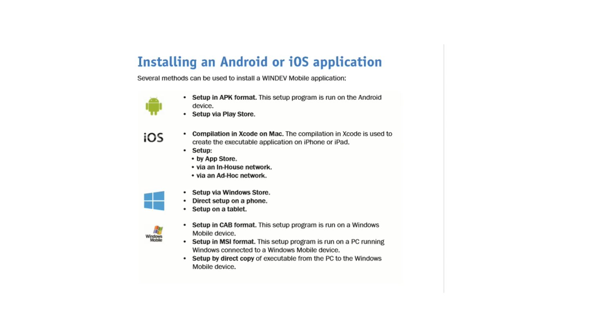Now second is iOS. Now compilation in Xcode on Mac. How you can compile? You have to create Xcode by using this software. Compilation in Xcode is used to create the executable application on iPhone or iPad. So here also you can upload your file by App Store, via an in-house network and via an ad hoc network.